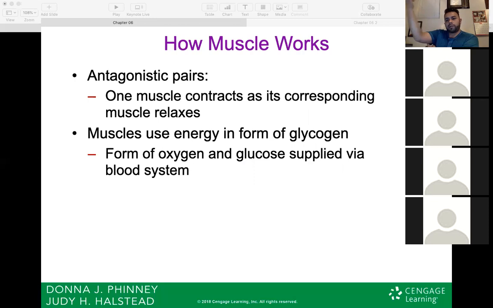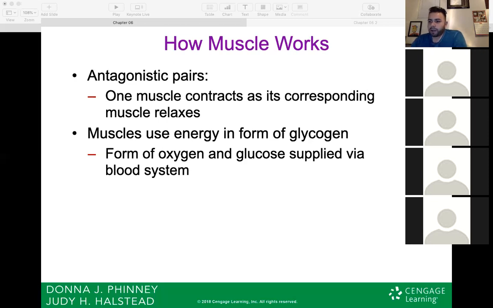When I move my arm this way, it's the tricep that contracts and the bicep relaxes. So that's what we mean by antagonistic pairs. That's how two different parts of whatever leg, arm, whatever you're moving work together.